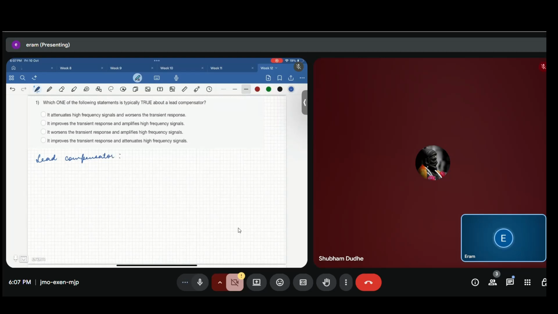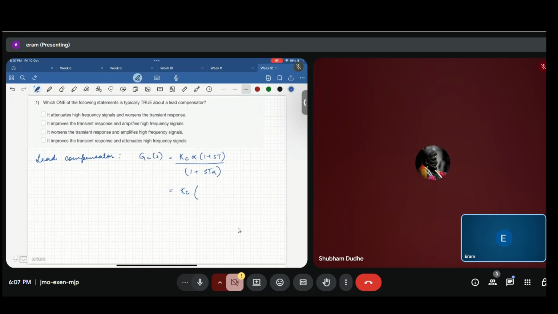For a lead compensator, we know that its transfer function looks like Kc times alpha times (1 plus sT) divided by (1 plus sT alpha). Okay, and instead of this form, we can convert it into time constant form by dividing by alpha.